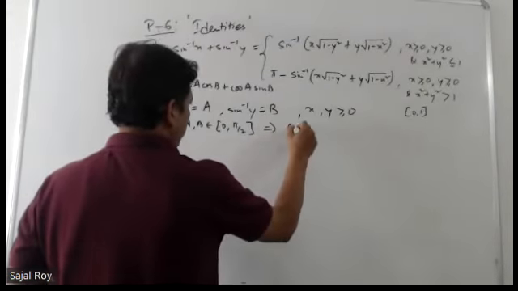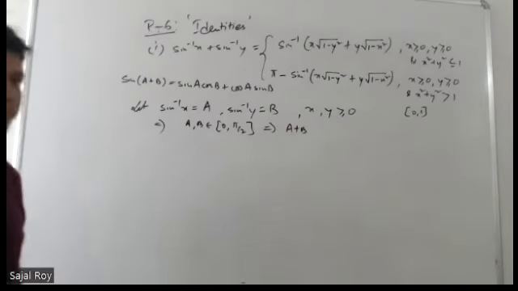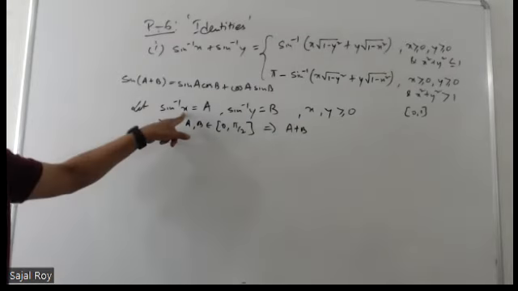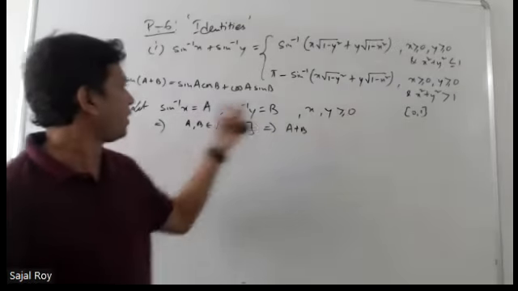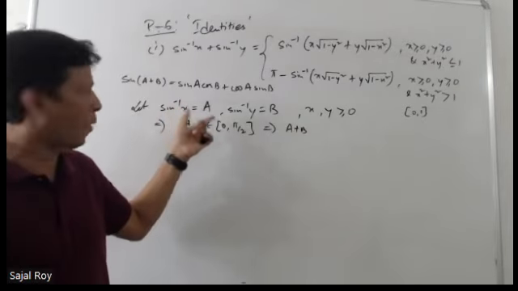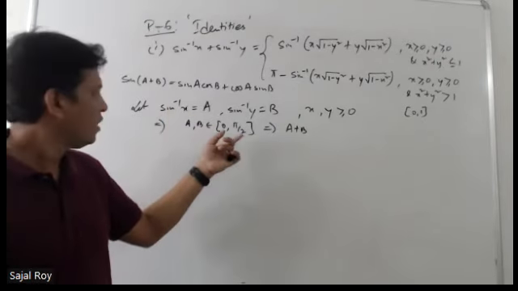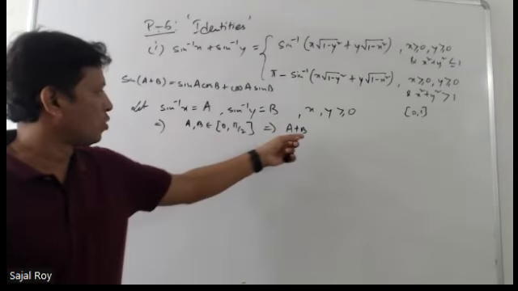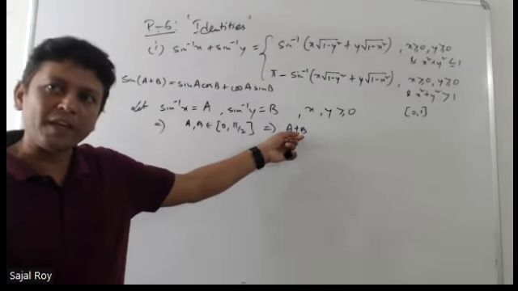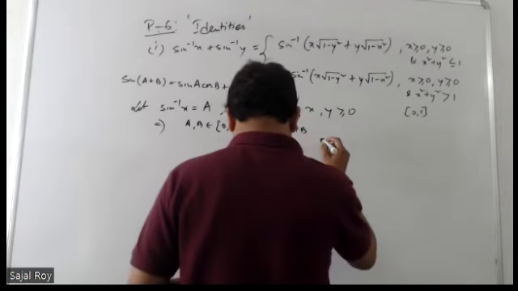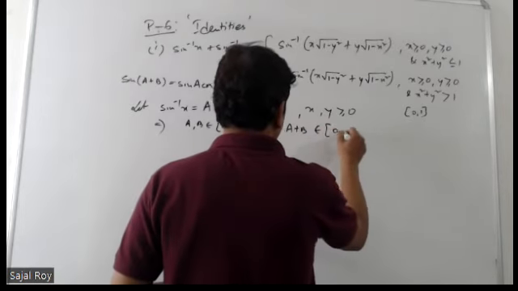Which implies if sine inverse x, that is x, y belongs to 0, 1, then sine inverse x will be positive, 0 to pi by 2. If both of them are 0 to pi by 2, then what happened to your a plus b? a plus b belongs to 0 to pi. Am I clear?